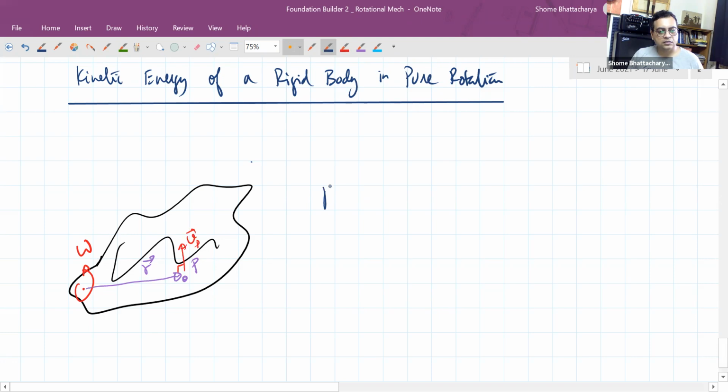so a particle P has a speed of r omega, where this r is its perpendicular distance from the axis of rotation.